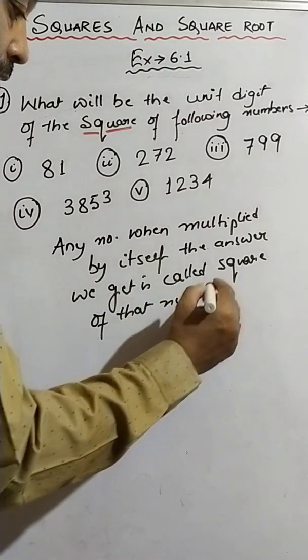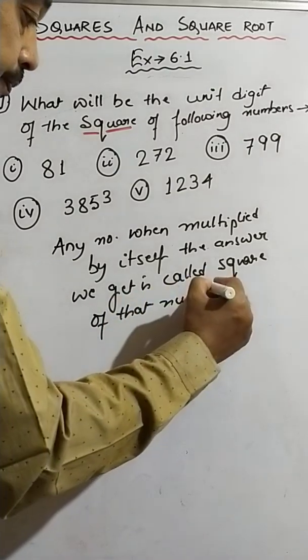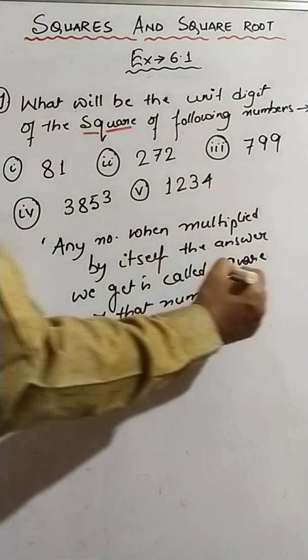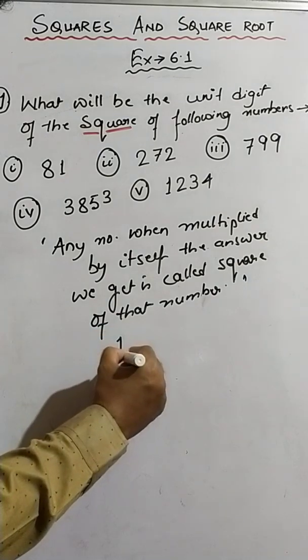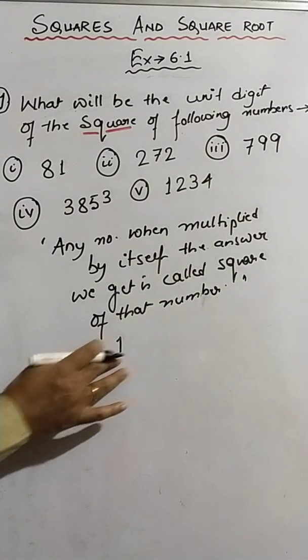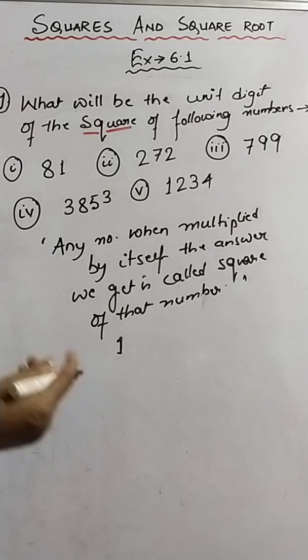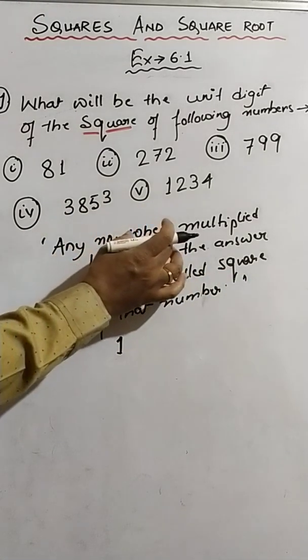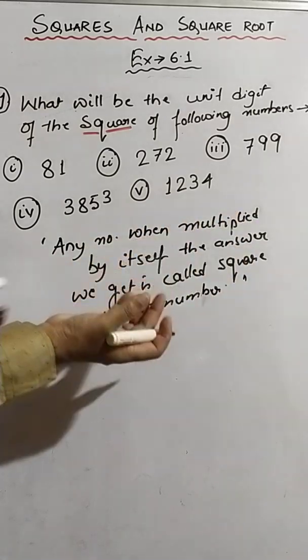Now I want to give one example. Suppose I want to know what is the square of 1. So what is the definition? Any number multiplied by itself.